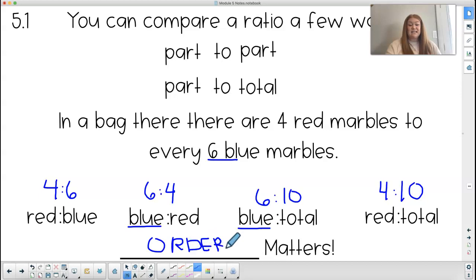If it asks for blue to red and you write down 4 to 6, that is not the same thing as 6 to 4. That's a different number. Order matters. You have to pay attention to what the problem asked you to list. So make sure you have listed all of those ratios to complete your notes.